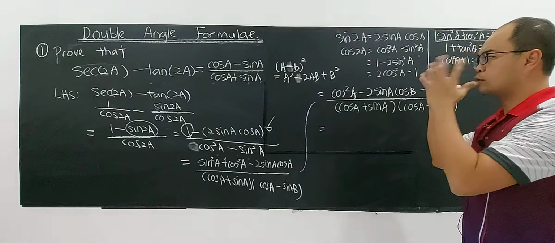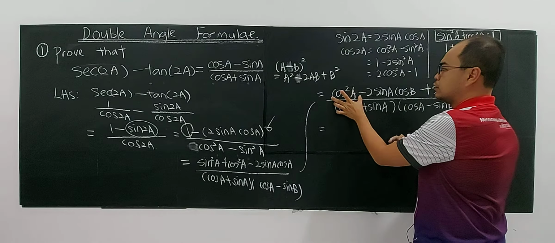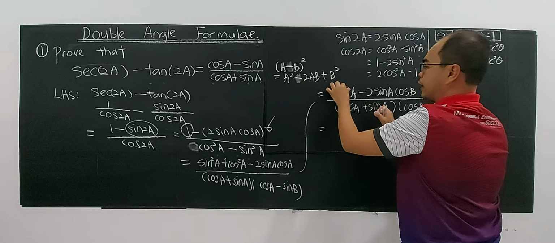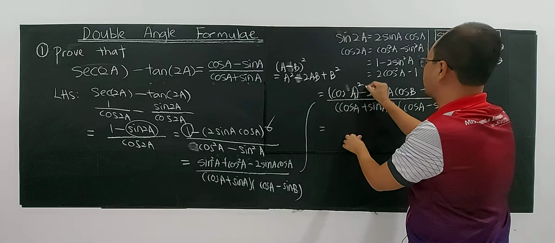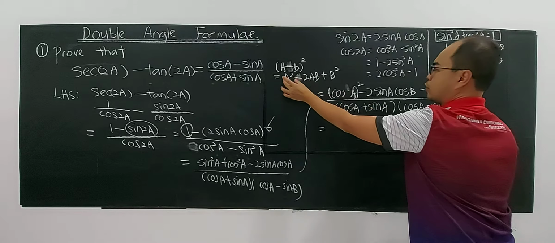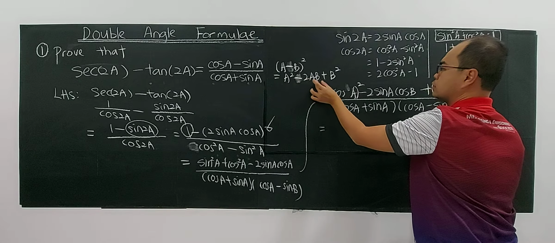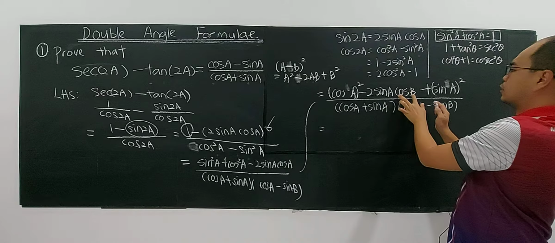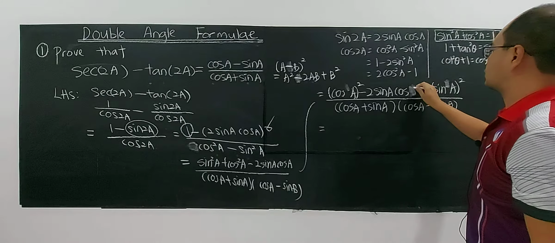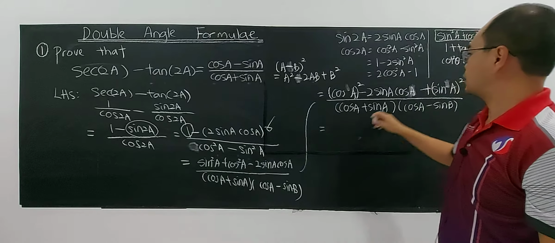So now you try to look at it. Actually, your A is cos. I can rewrite this as cos A square. This one as sine A square, right? Cos A minus 2 cos sine, right? Sorry, I rewrite this thing.